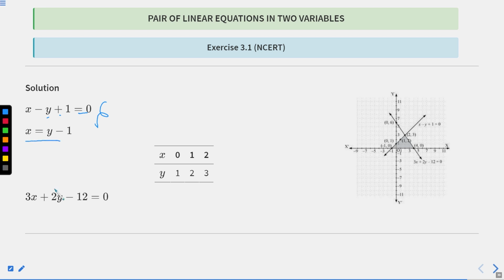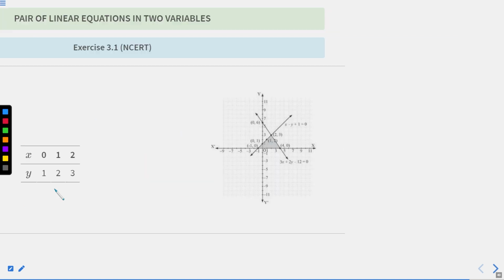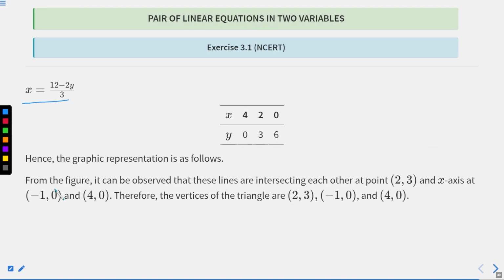Okay, and we take some values of x and y, and if we plot these points, then we will get this line. Okay, so this is the equation x minus y plus 1 is equal to 0 represented by this line. And for the second one, 3x plus 2y minus 12 is equal to 0, here we can express the variable x in terms of y, that is x is equal to 12 minus 2y divided by 3.